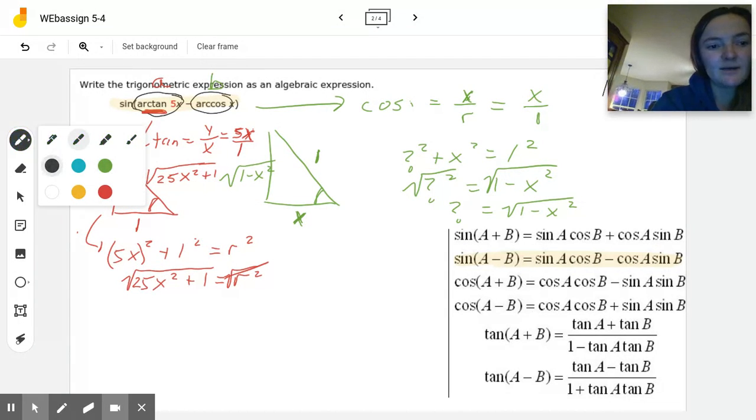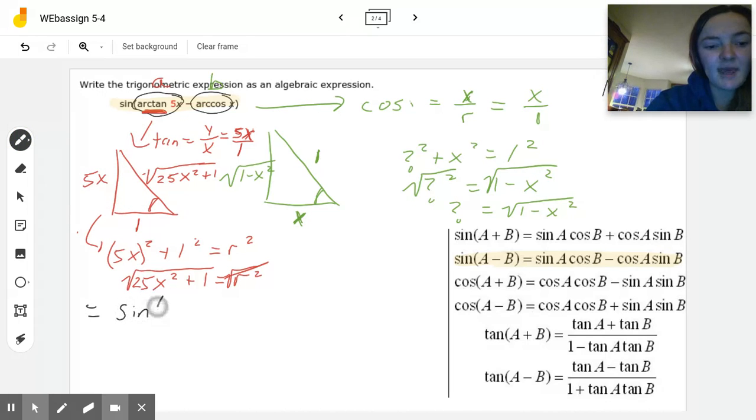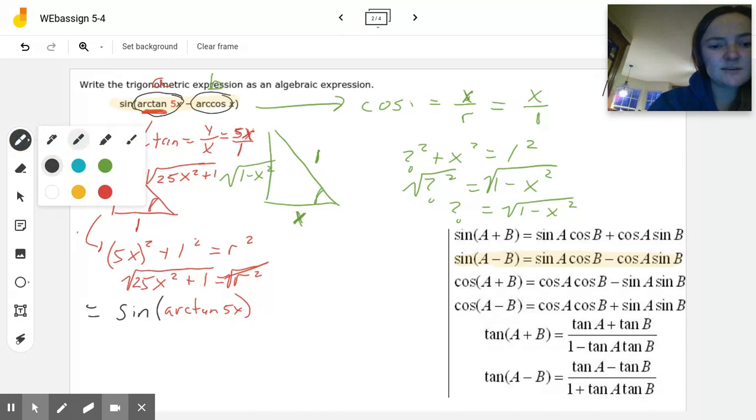All right, so this whole thing is equal to sine of a, but remember a is the arctangent of 5x, times cosine of b.